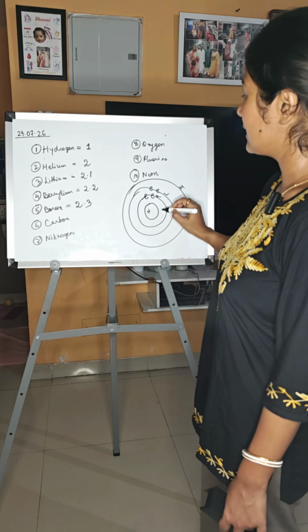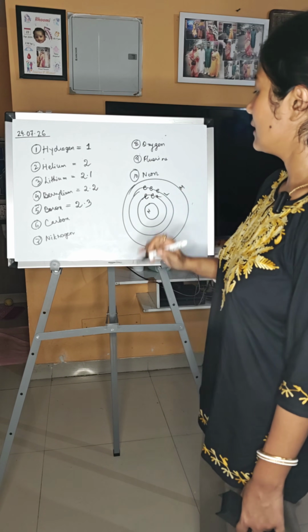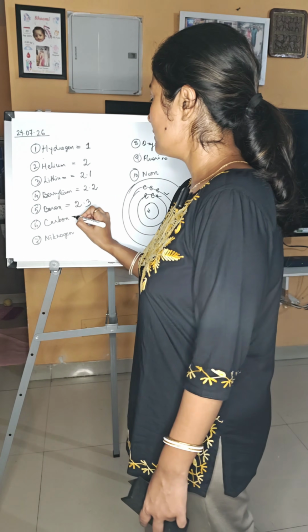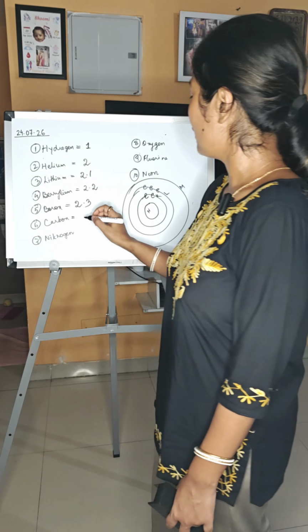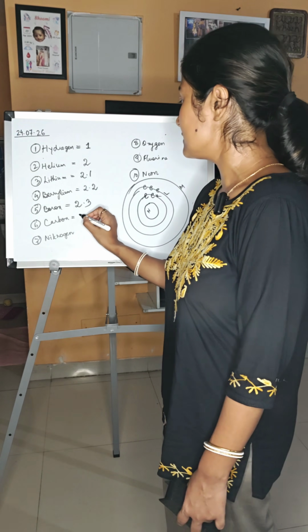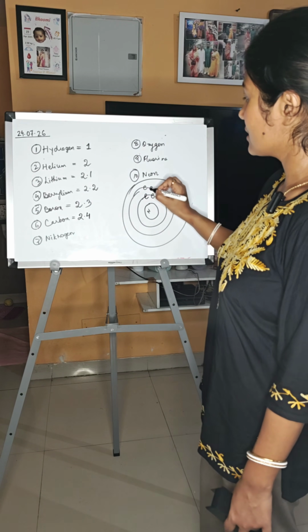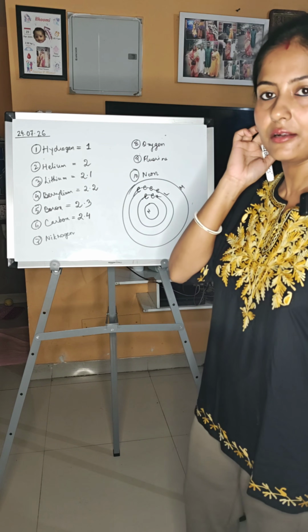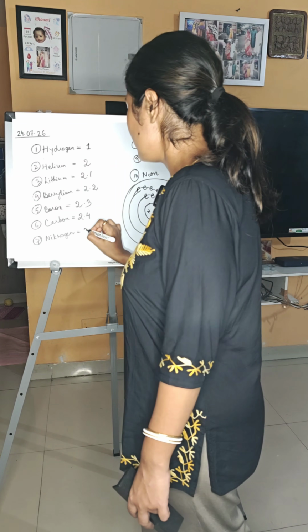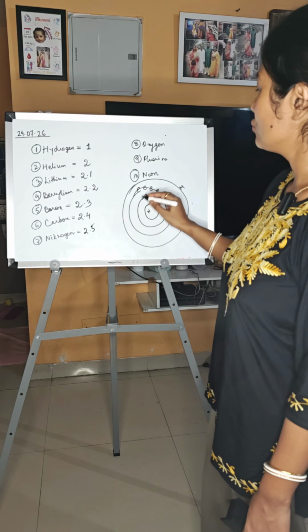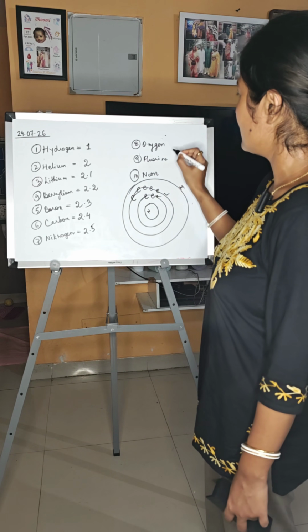So 2 electrons in the K shell and 3 in the L shell. For carbon, this is the way you arrange the electrons in the shells. Carbon is 2.4. So 2 in the K shell and 4 in the L shell. Nitrogen will be 2.5. 2 in the K shell, 5 in the L shell.